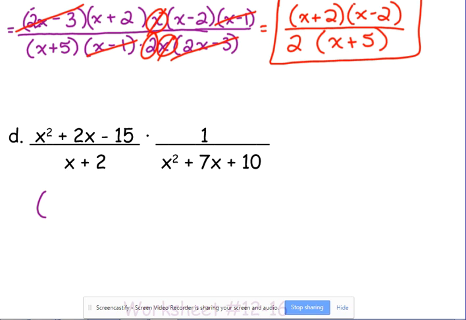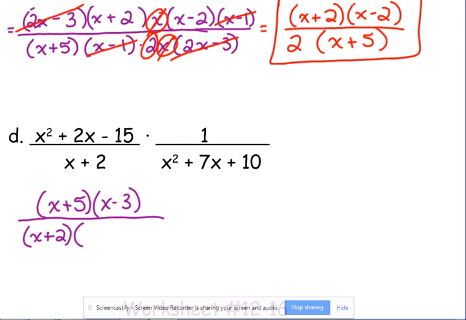So first numerator, x plus 5 times x minus 3. First denominator, x plus 2. It's a linear factor. Can't do anything with it. Just put it in a set of parentheses. X squared plus 7x plus 10 is x plus 5 times x plus 2.